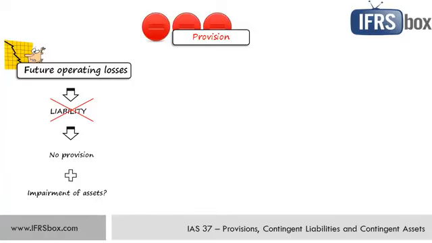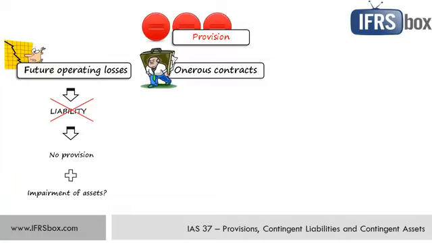Another specific area addressed by the standard relates to onerous contracts. So what is it? It is an unfair contract, in which the unavoidable costs of meeting the obligations of the contract exceed the economic benefits of the contract. In other words, this is a loss contract that cannot be avoided.